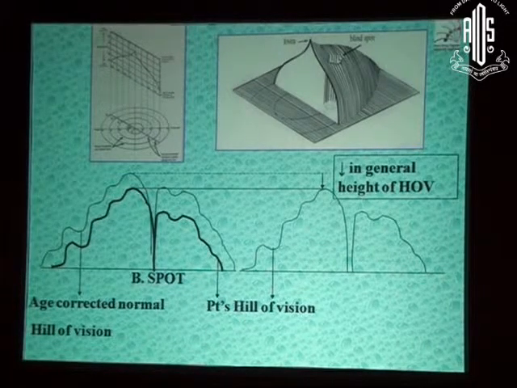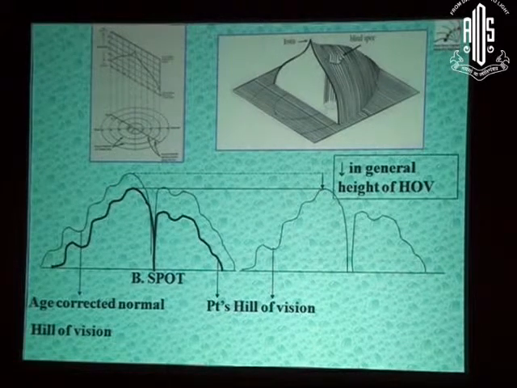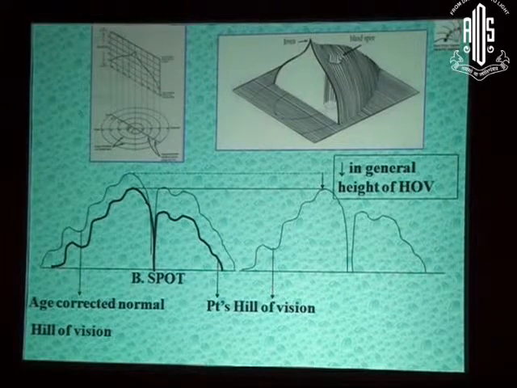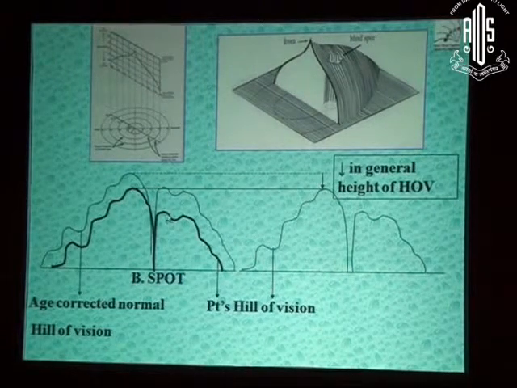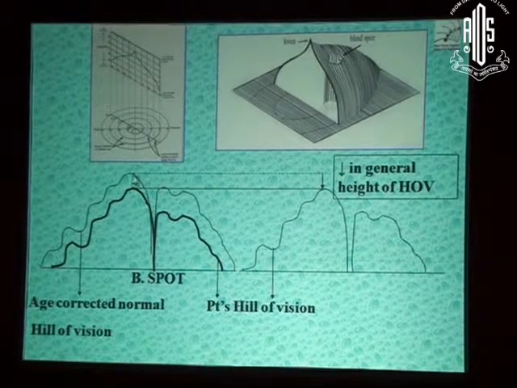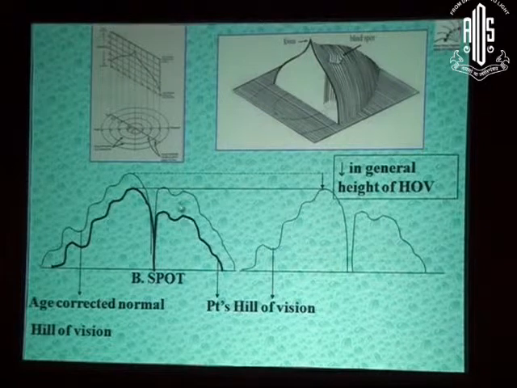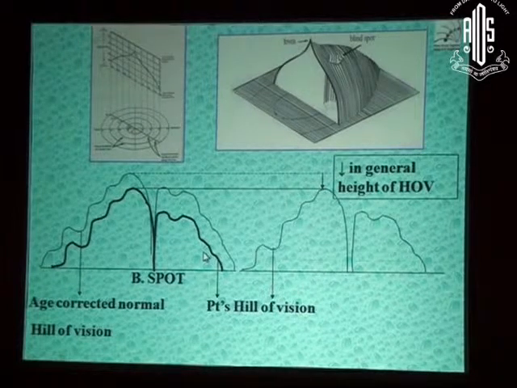So the pattern deviation plot subtracts the generalized depression. How is it done? If a patient has a hill of vision like this, the darker area, and the normal hill of vision is this, then if there is a generalized depression, after adjusting for this generalized depression I can get this hill of vision.